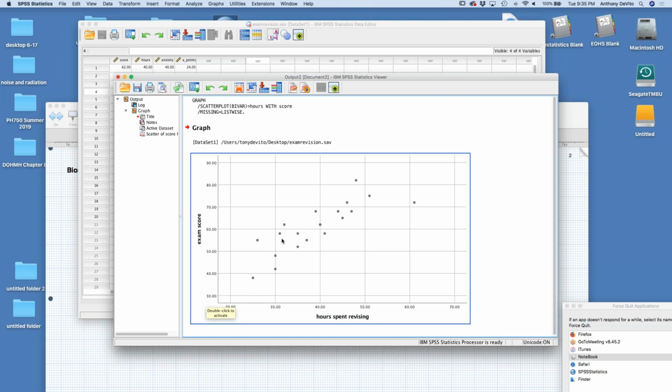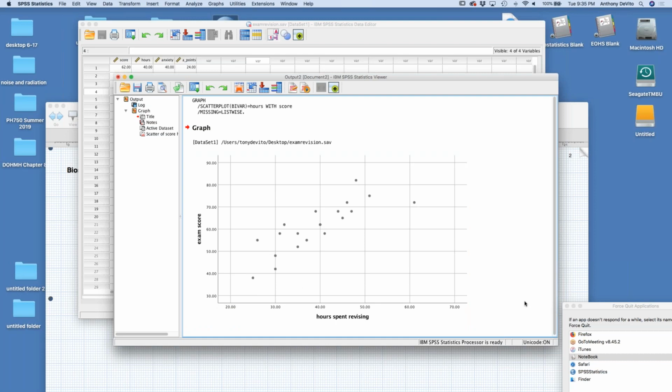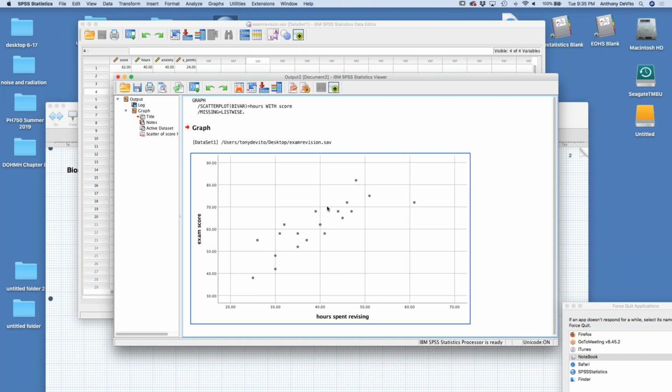If I look at this, it really seems like the time you spend studying affects what your score is. It looks like the more time you spend studying, the higher your score is going to be. That's called a positive correlation. As one variable goes up, the other variable goes up with it. I can actually ask SPSS to take this graph.